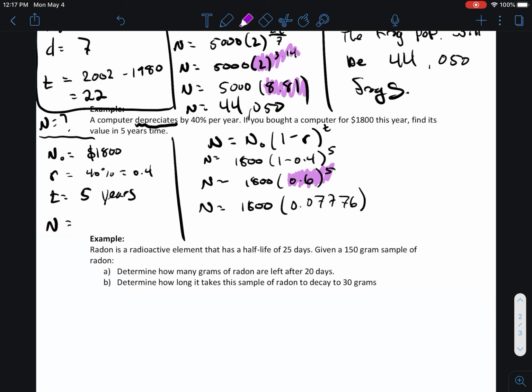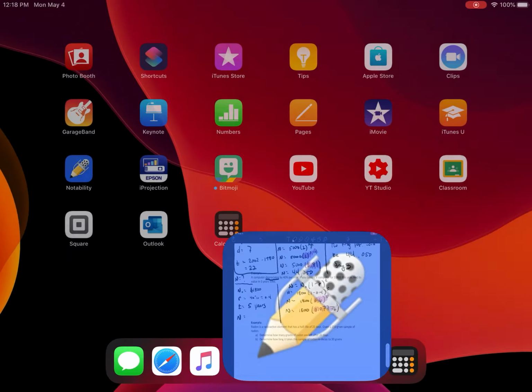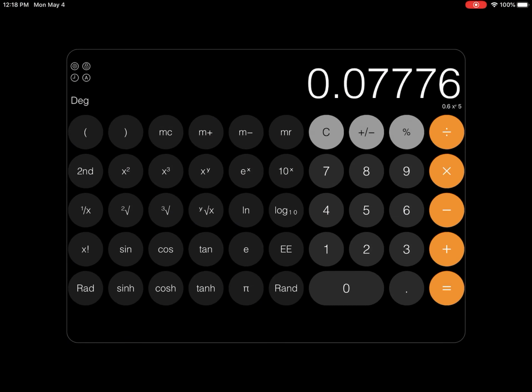Bouncing back and forth on the calculator can be confusing, but if you type this into your calculator, you should get this number, hopefully. And then you just do the math on that.